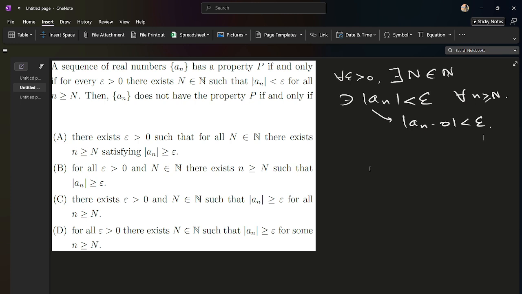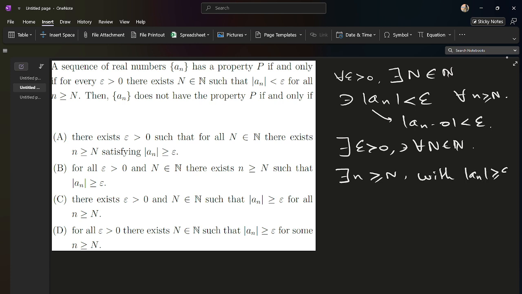So the negation will be: there exists epsilon greater than 0 such that for all N belonging to the natural numbers, there exists n greater than or equal to N with mod of a_n greater than or equal to epsilon.